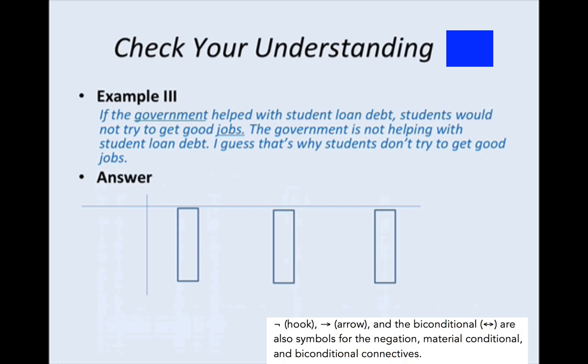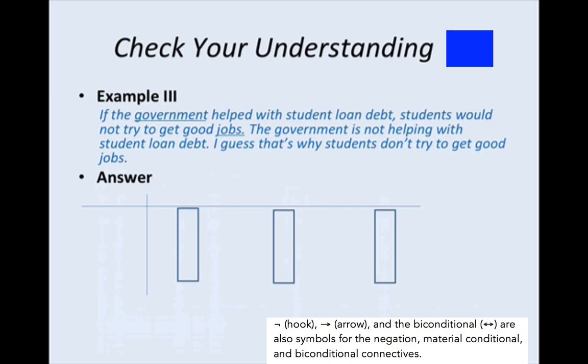And finally, construct a truth table to determine if the argument is valid. So here's the example. If the government helped with student loan debt, students would not try to get good jobs. The government is not helping with student loan debt. I guess that's why students don't try to get good jobs.